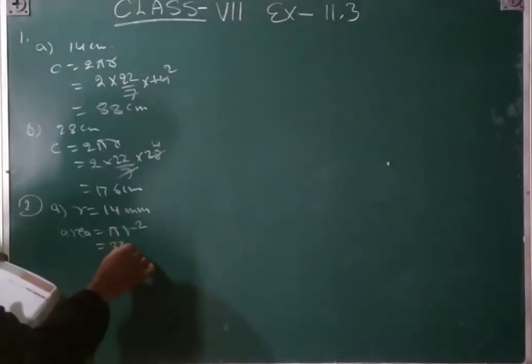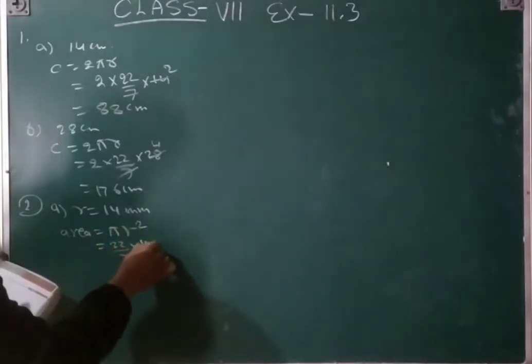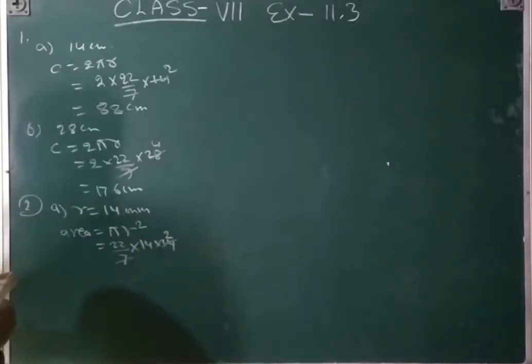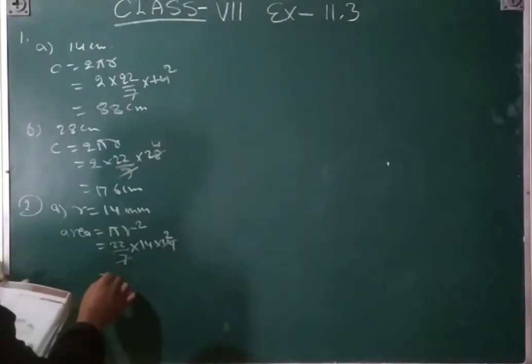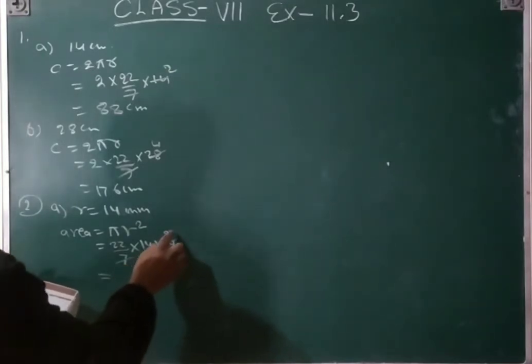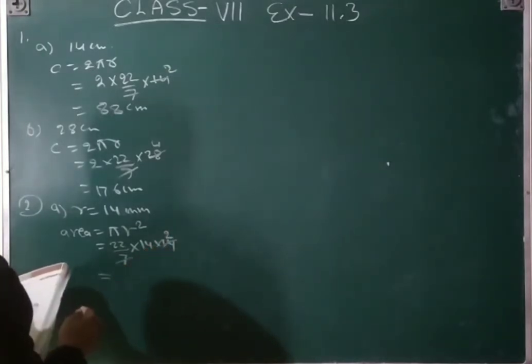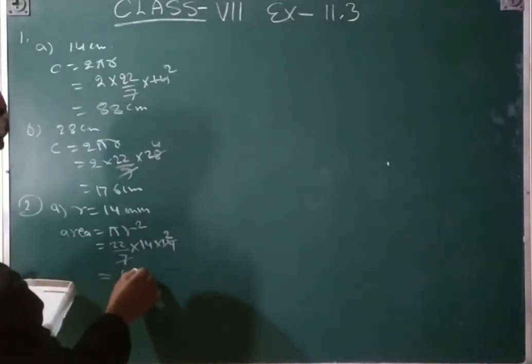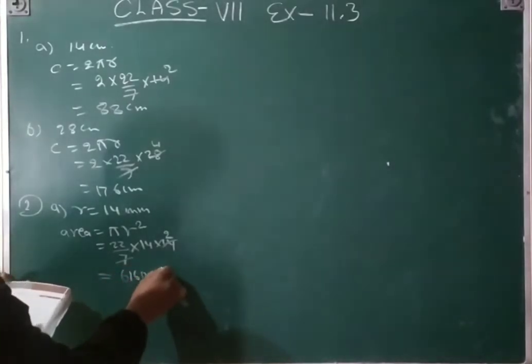So 22 upon 7 into r, which is 14 into 14, because there is a square. So 14 into 14, 7 2 ja 14, and then multiply, 22 into 14 and 14 2 ja 28 and 28, that is 616 mm square.